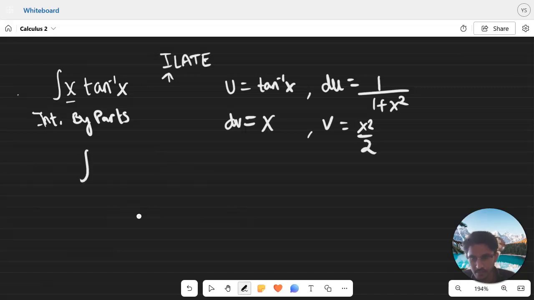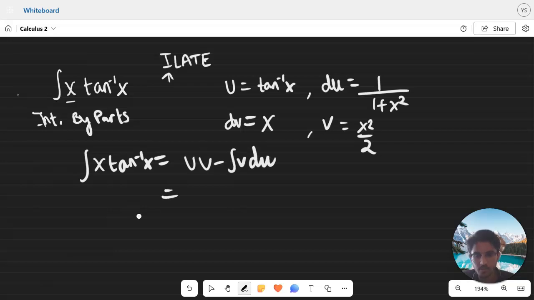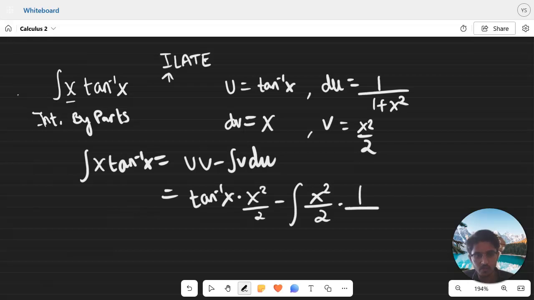Now let's do this integration by parts problem. The integral of x tan inverse of x equals uv minus the integral of v du. Remember, that's our integration by parts formula. So tan inverse of x times v, which is x squared over 2, minus x squared over 2 times the du, 1 over 1 plus x squared.